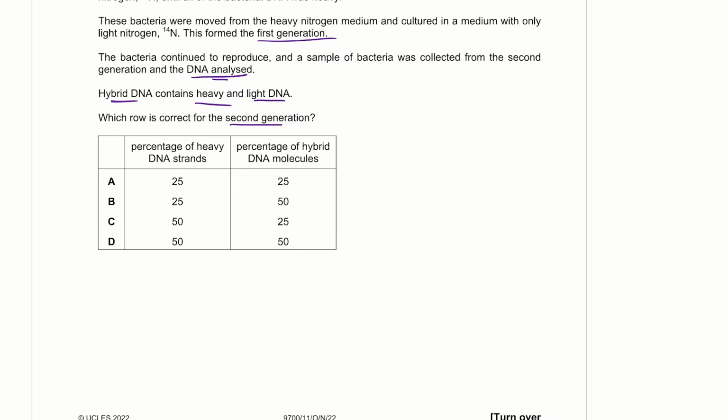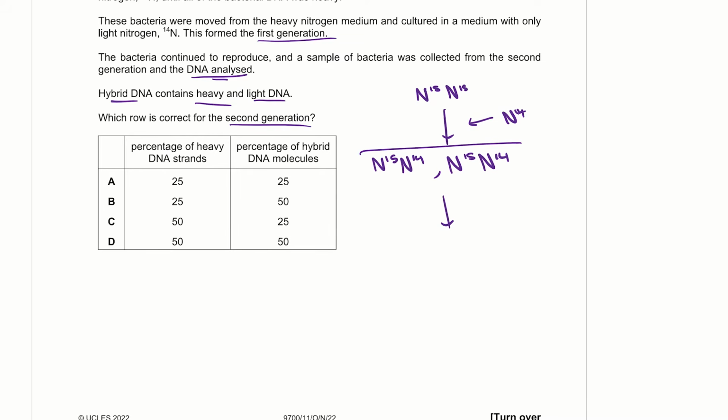for the second generation. Now, these types of questions are always addressed in the next method that I'm going to show you right now. First of all, we're starting with N15, N15. And what we're doing to actually receive the first generation is that we're introducing N14. Now, what's going to happen is we're going to have 2 hybrid strands made of N15, N14, and N15, N14.